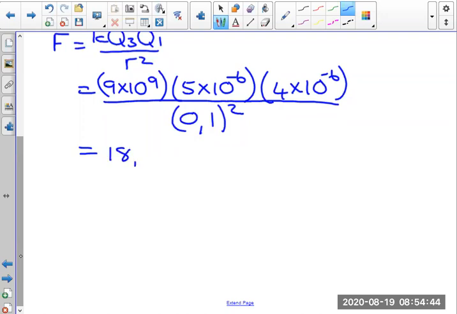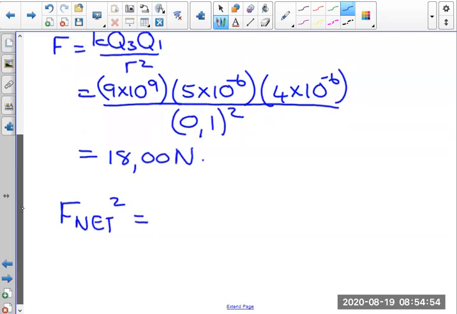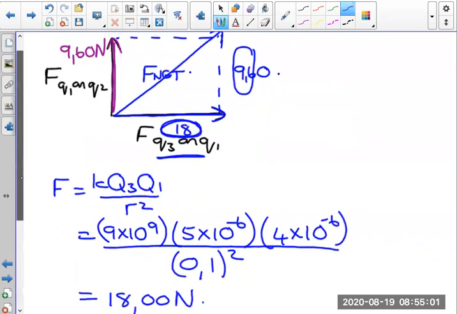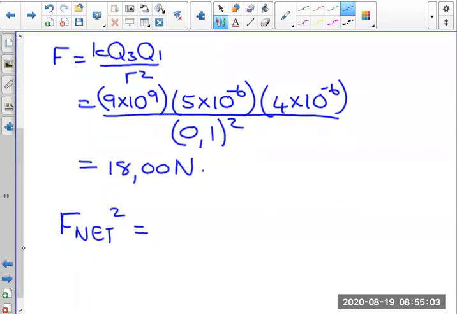18.00 newtons or 18 newtons. Now we say F net squared, because that's what they want, equals, okay, now I have a value for this one, which is 18. So now I can just substitute 9.6 squared plus 18 squared.